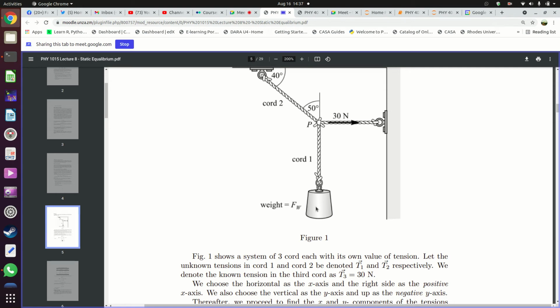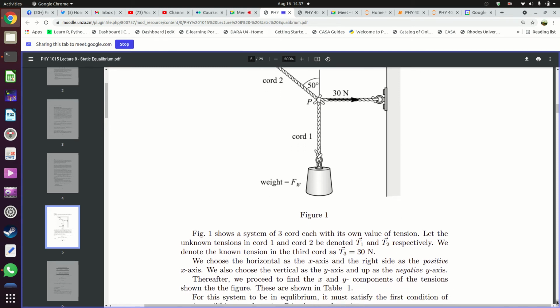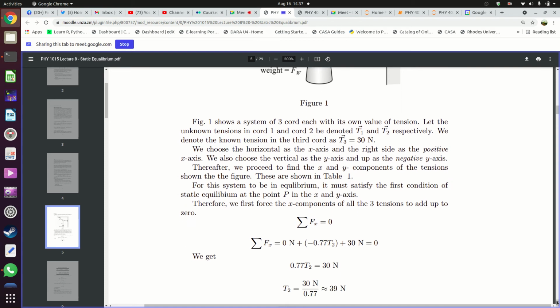The reason why these ropes are arranging themselves like this is because of this weight. So we conclude that the weight of this object is equal in size to the tension in cord 1, which we found to be 25 newtons.